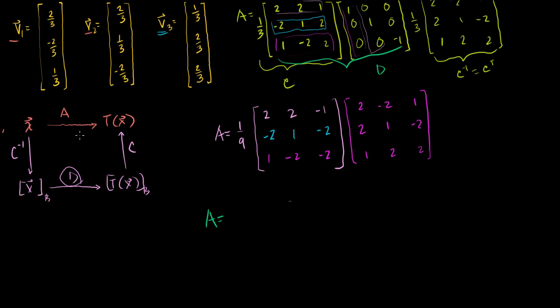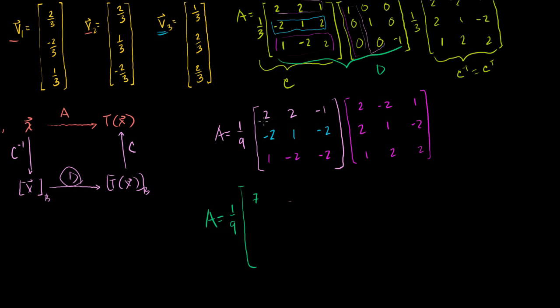So A, our transformation matrix for that strange transformation where we're reflecting over the plane in R3, is going to be equal to 1/9 times a 3 by 3 matrix. So it's going to be 2 times 2, which is 4, plus 2 times 2, which is 4, and then plus minus 1. So 4 plus 4 minus 1 is 7.